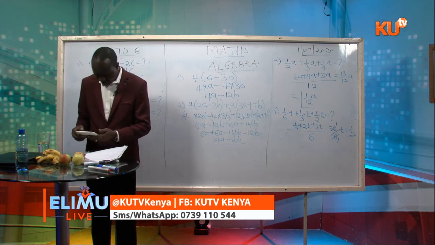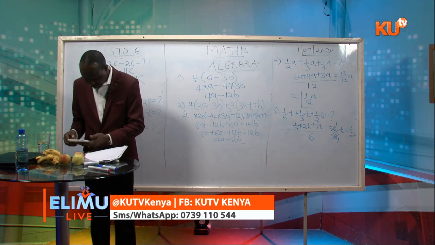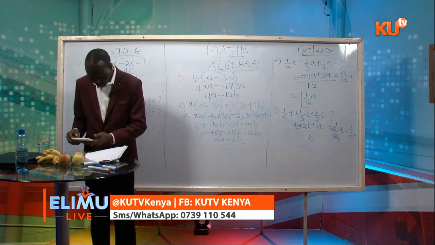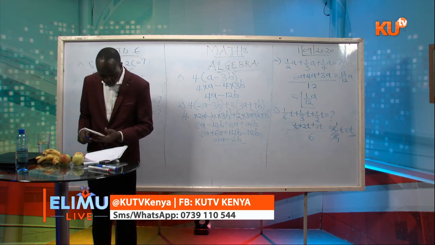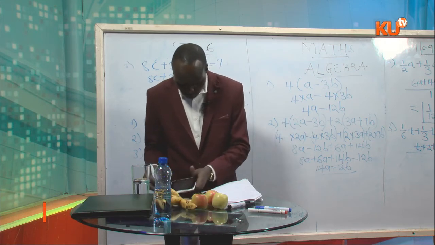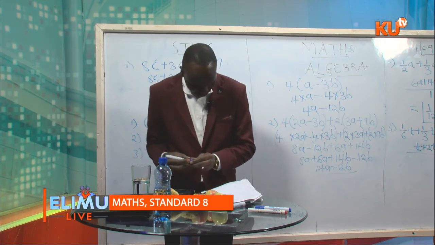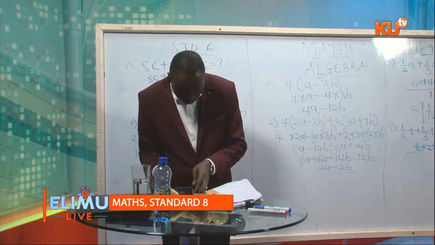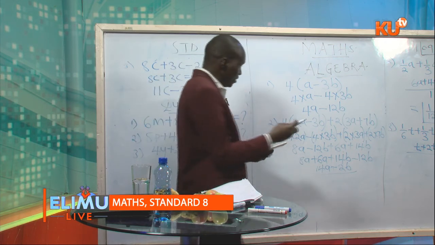Okay, there's somebody who has asked a question here. The question is 5(2a + 6b + 7a).